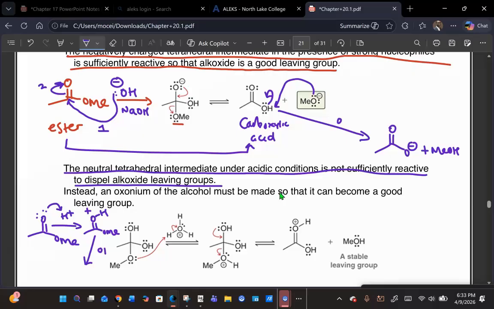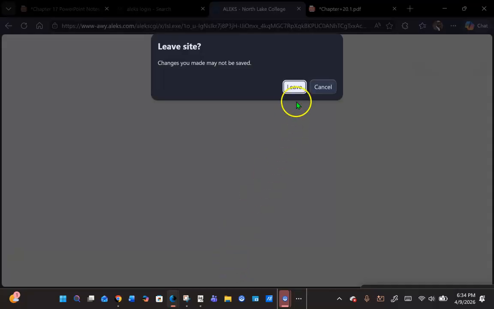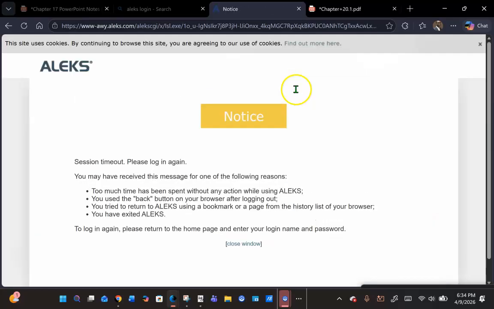Basically, you're in acidic conditions. So what it means by it won't dispel the alkoxide: the alkoxide is the OMe, right? Correct. So the OMe basically needs to be protonated in order to leave. You know how water has to get protonated in order to leave, or alcohol has to get protonated to water to leave. The OMe has to be protonated to leave as an alcohol.